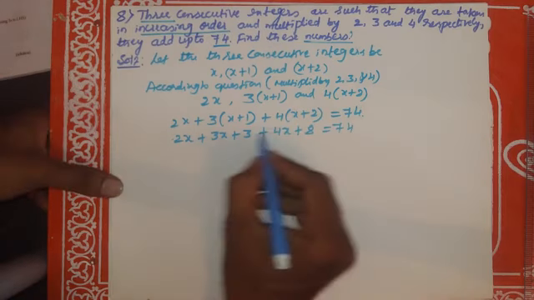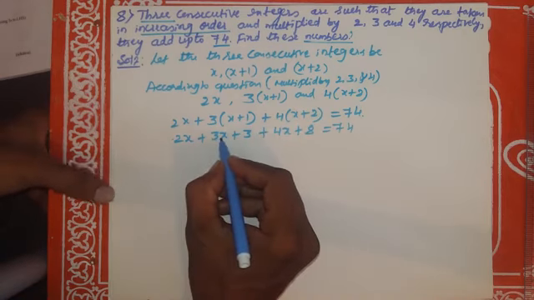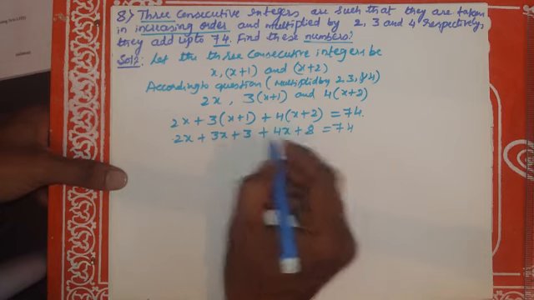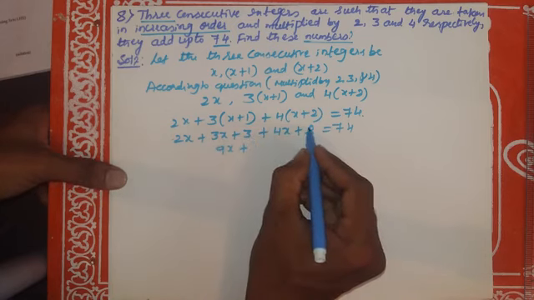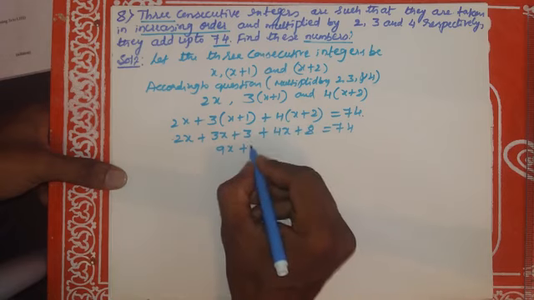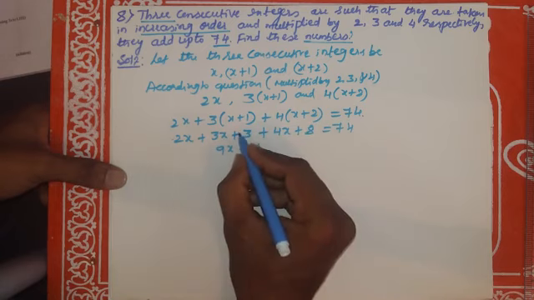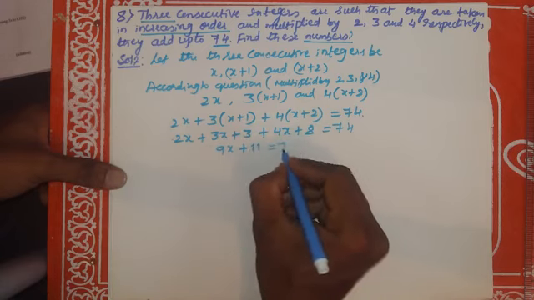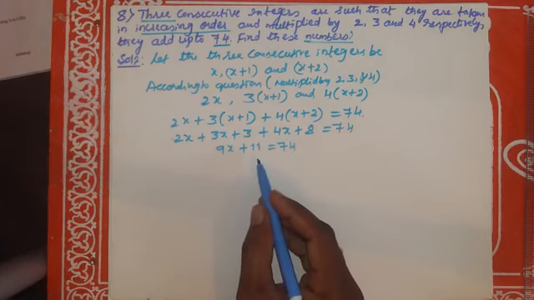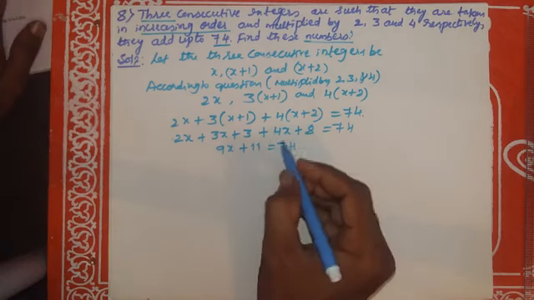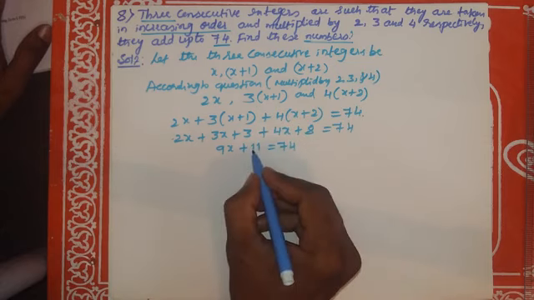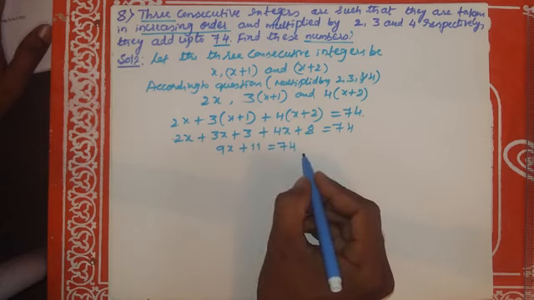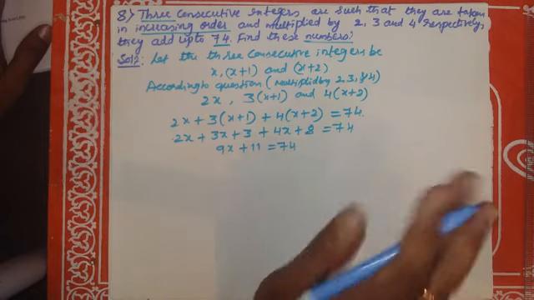Now how many x are there? Count. 2x plus 3x, 5x, 5x plus 4x, 9x, plus 3 plus 8, how much? 11. Okay, 8, 9, 10, 11, which is equal to 74. See, subtract 11 on both sides, or this 11 transport to RHS, it will become minus 11.